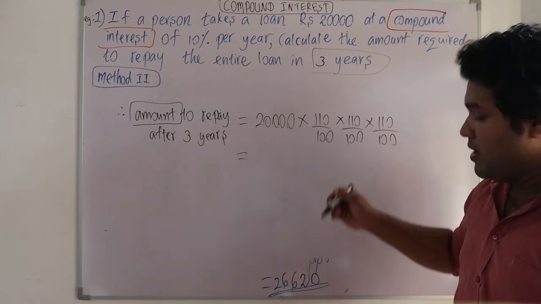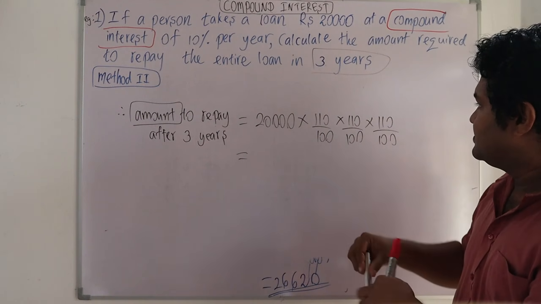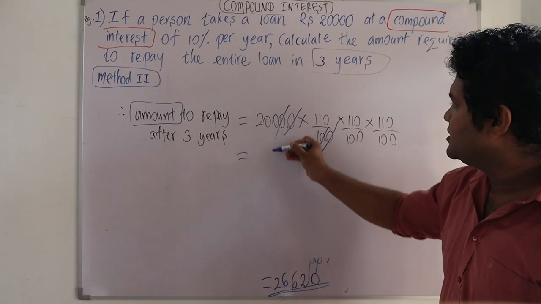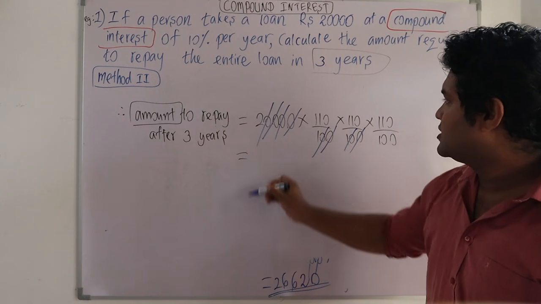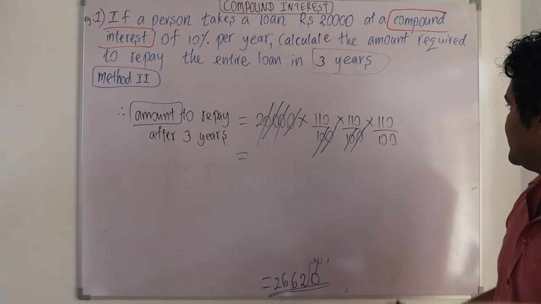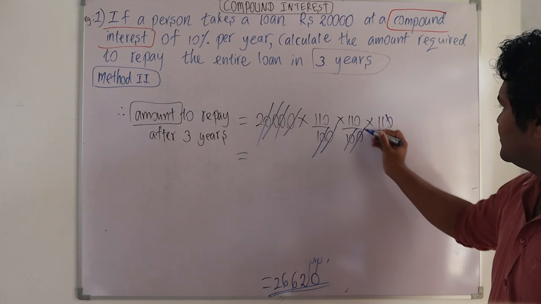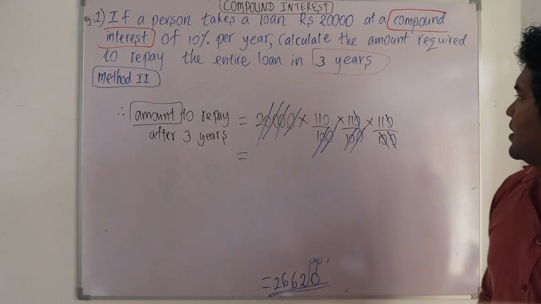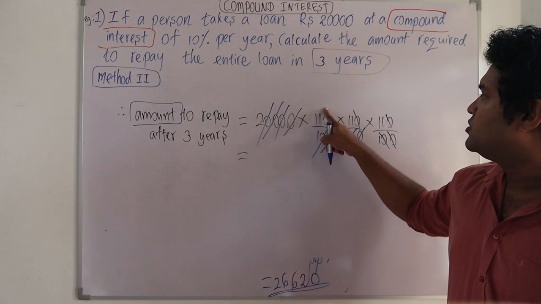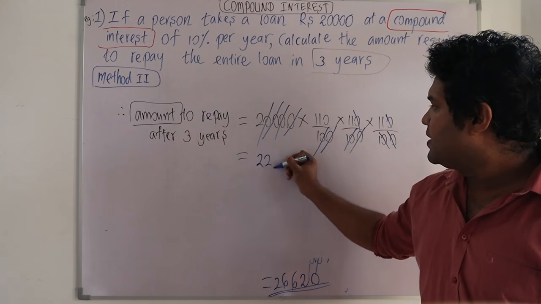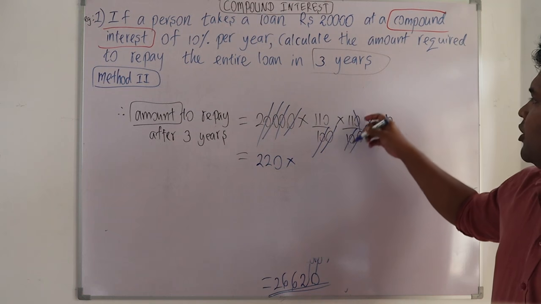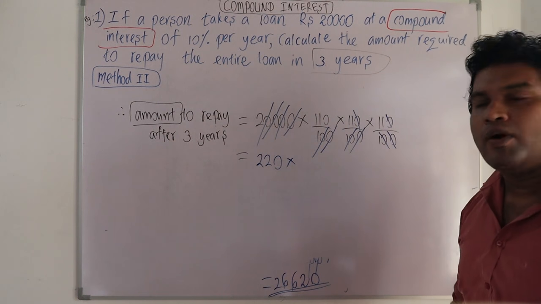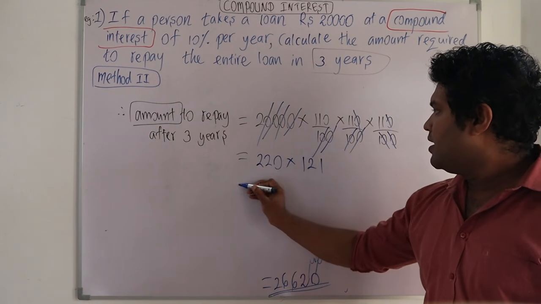Okay, right? We will follow. We have to cancel 2 zeros and these 2 zeros with the next 2 zeros and more. Finally, you are receiving 2 times 11, 22 and 0. This is going to be 11 times 11. 11 times 11, 121, you know.